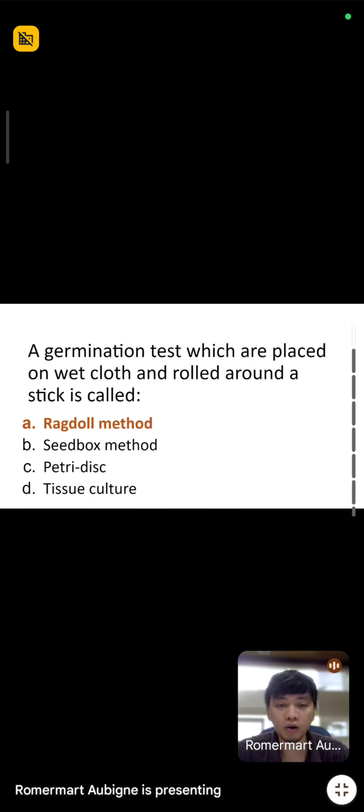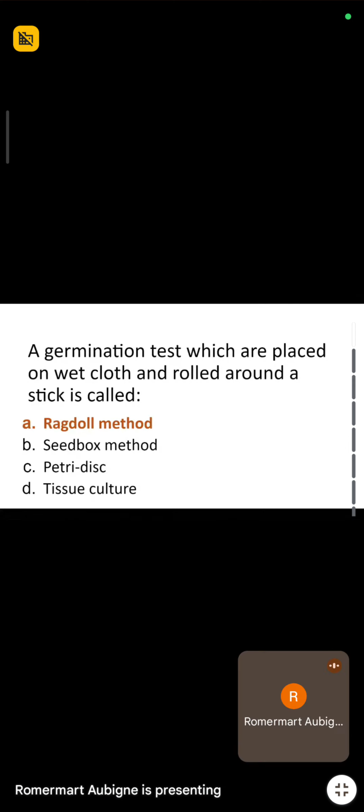So isa po yan sa madaling check nga yung ating germination. So sa 100, kung ilan yung tumubo, for example, 80 yung tumubo, we have 80% germination dun sa seeds sample natin.